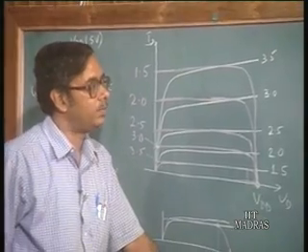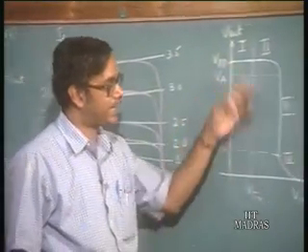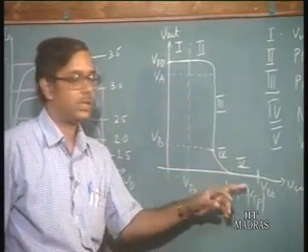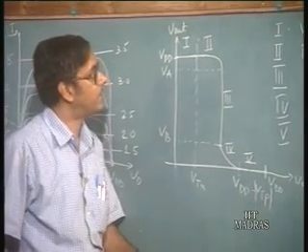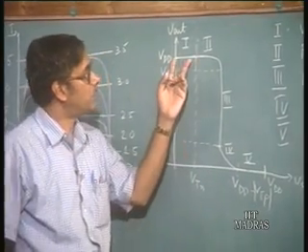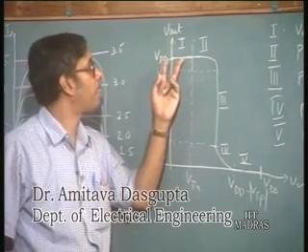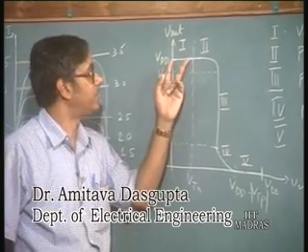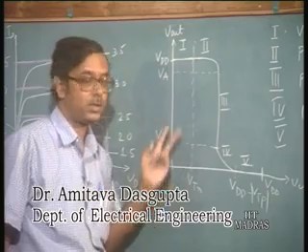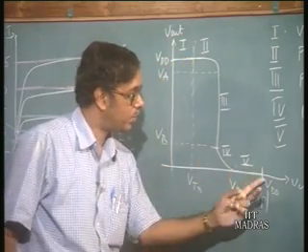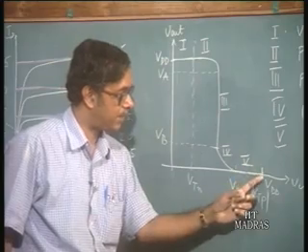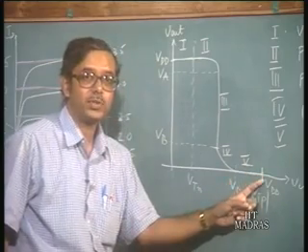All right. So this is the characteristic of a CMOS inverter. We see that it is very close to the ideal characteristics of an inverter in the sense that the output voltage is equal to the supply voltage VDD when the input is low, whereas when the input voltage approaches the supply voltage, the output voltage goes to 0.